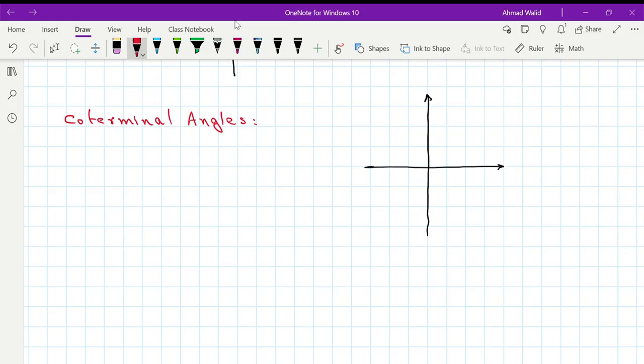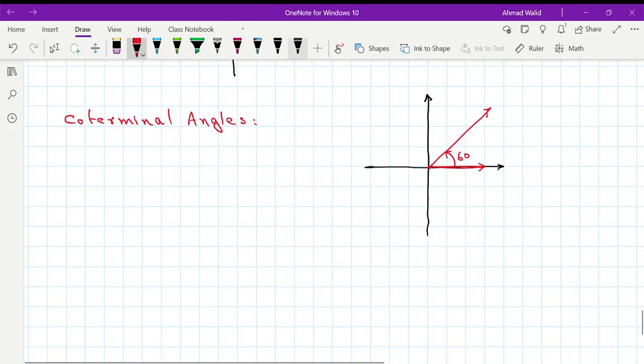If I draw here an angle in a standard position, for example, this is my initial side, and let's draw, for example, 60 degrees. This is my terminal side and this angle is 60, correct? What will be the coterminal for angle 60 degrees?